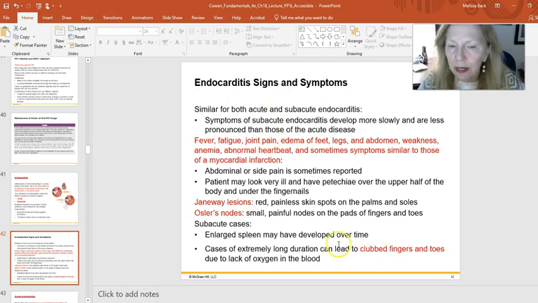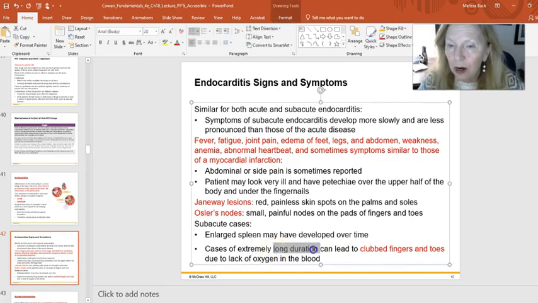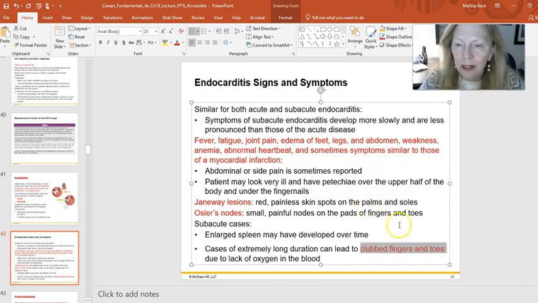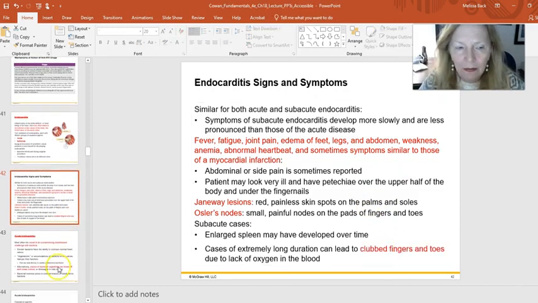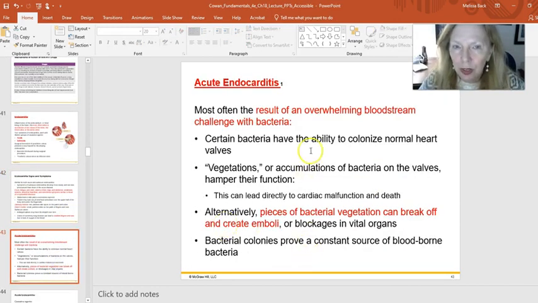Whenever there's something that can reduce for long periods of time oxygen levels to our extremities, we can start to see clubbing at those sites because those tissues at those extremities are suffering from low oxygen. So even on a macroscopic level in an evaluation, you can notice that. We see these in chronic respiratory diseases as well. Again, from lack of oxygen to those extremities.